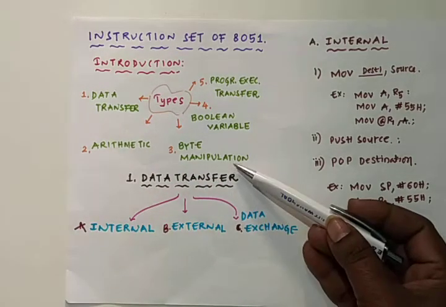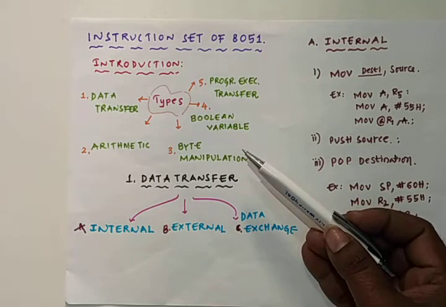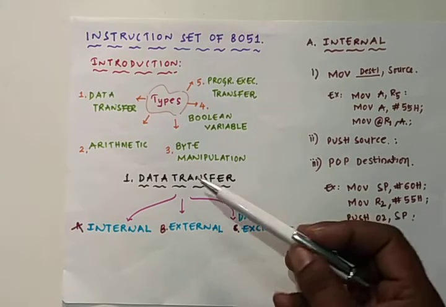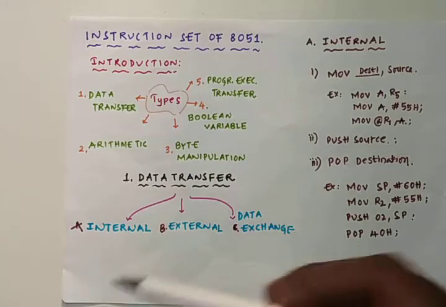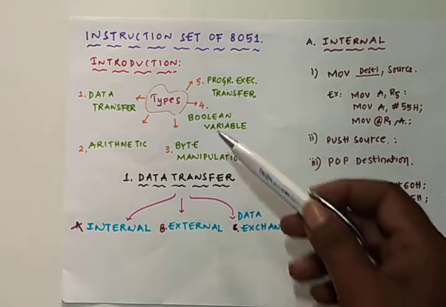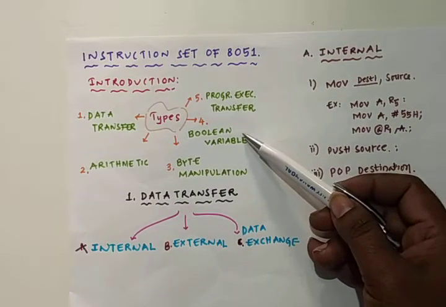Third one is byte manipulation. If we have a byte of information, it can be manipulated, transferred and logically manipulated by making use of these instructions. Then Boolean variable instructions, where all the logic functions can be done by making use of these instructions.